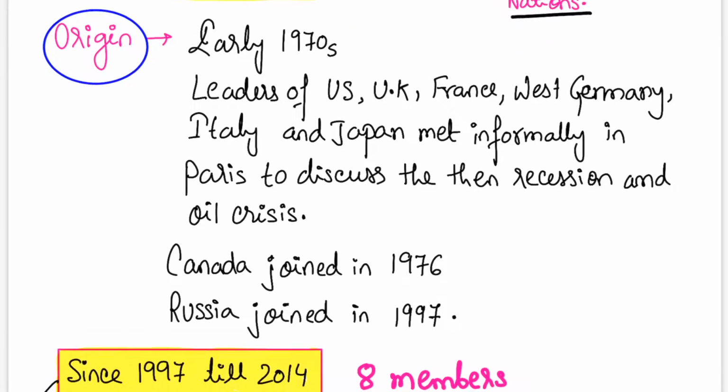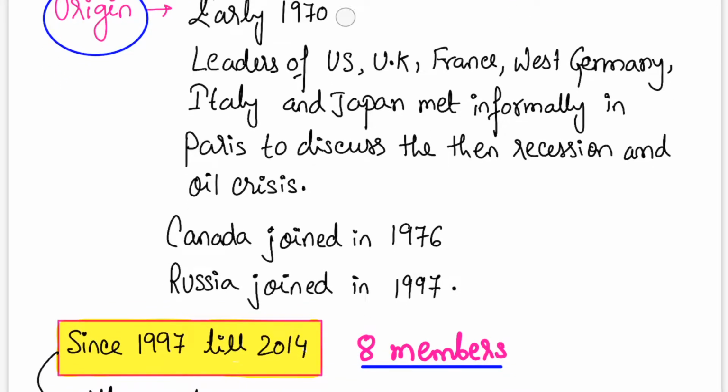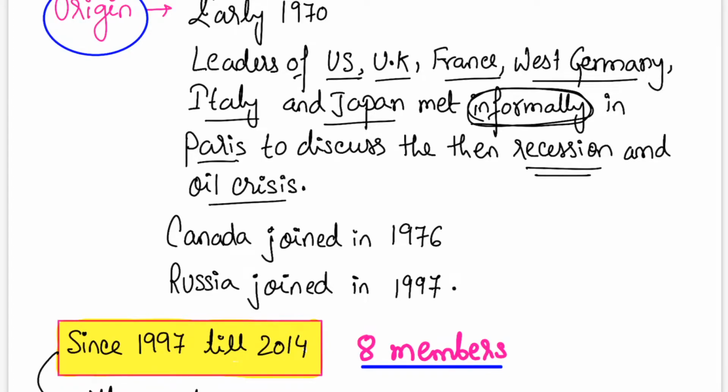So the origin is actually in the 1970s, and in the 1970s the leaders of the US, UK, France, West Germany, Italy, and Japan met informally, remember this word, informally, in Paris to discuss the then recession and the oil crisis.